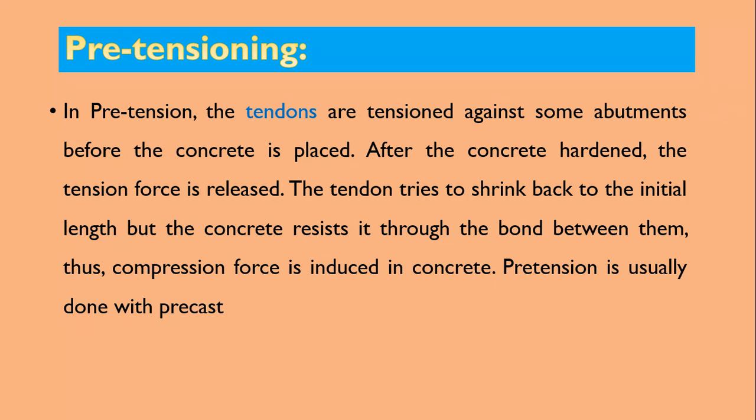The tendons try to shrink back to the initial length, but the concrete resists it through the bond between them. Thus, compression force is induced in concrete. Pre-tension is usually done with precast, so it helps to increase the compression strength because RCC is weak in compression and is good in tension.